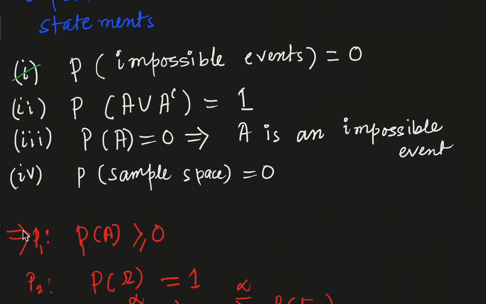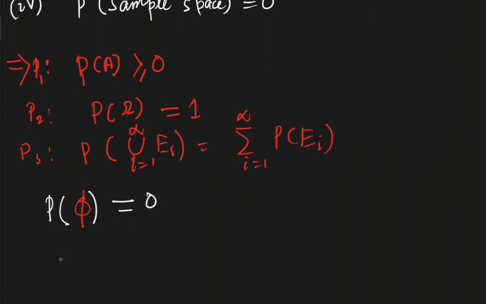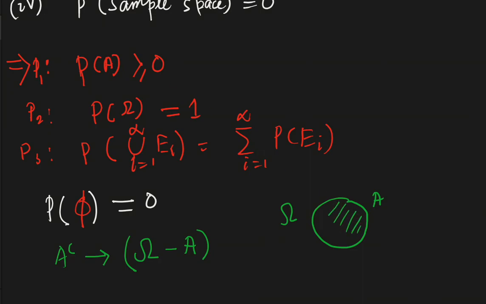Now second, what is A complement? A complement is nothing but sigma minus A. If I draw a Venn diagram, this is A and the whole space is sigma, then all the other things which are not A is A complement.